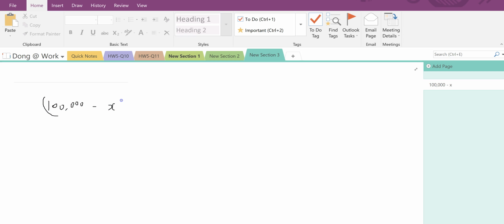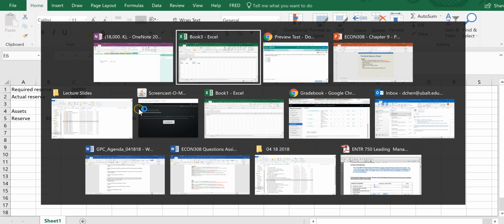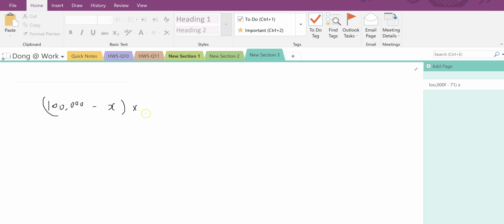Then the remaining deposit times the reserve ratio, which doesn't change and is 20% given by the setup, gives the required reserves.